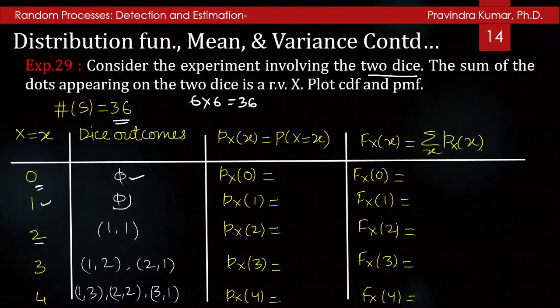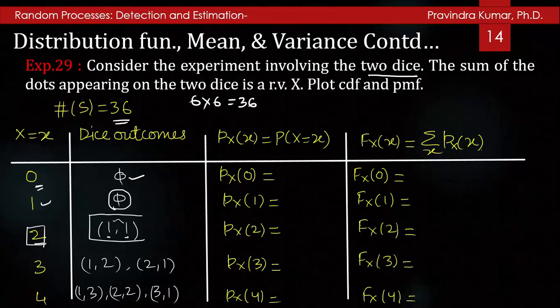There is no possibility of the sum on the two dice being 1. And when x is equal to 2, this means I am getting a sum of dots equal to 2. This means getting 1 in the first dice and 1 in the second dice. So the sum of these two will be 2.